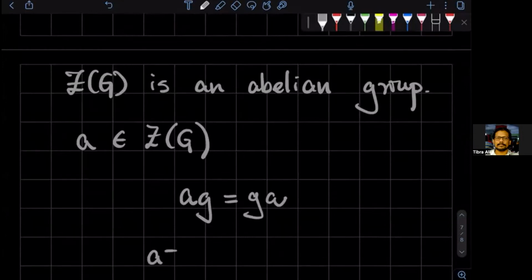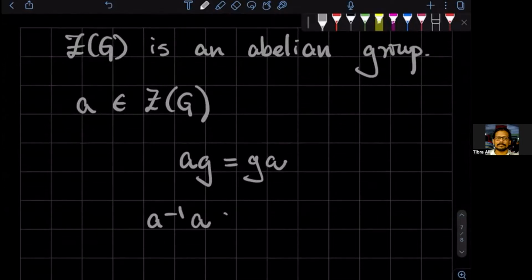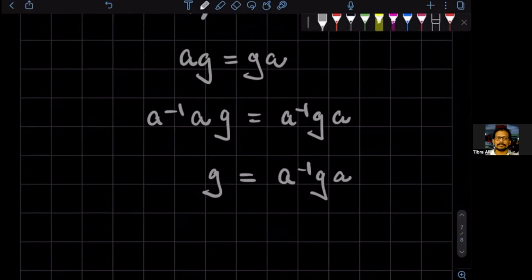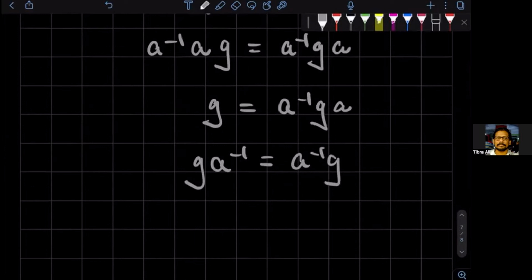Now, if I multiply by A inverse, the left-hand side is g, and the right-hand side is A inverse g A. And of course, this means that if I multiply by A inverse again, A inverse g is g A inverse. Therefore, A inverse is also in the center of G.